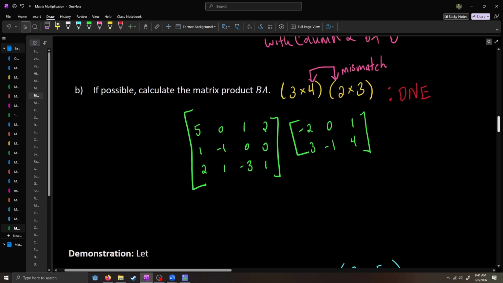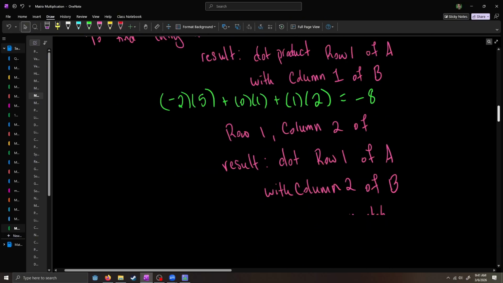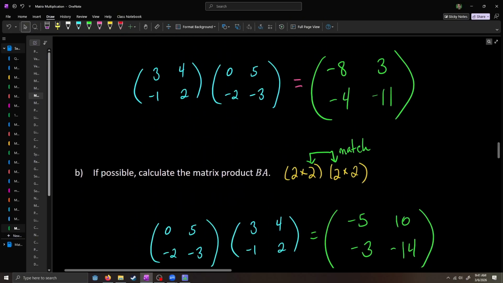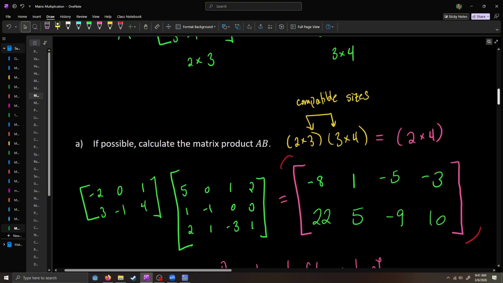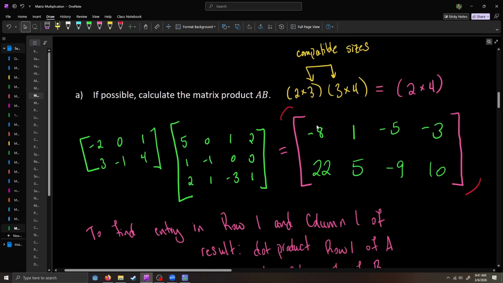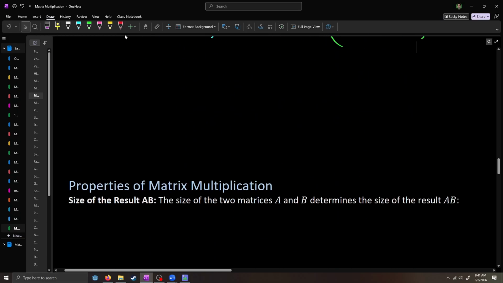Depending on whether A is first or B is first, you can get totally different results from your matrix product. Even more extreme, depending on the order of the matrices in your product, one of those results can be defined, and the other one in the opposite order might not even exist at all. So, something to be mindful of, major takeaway.